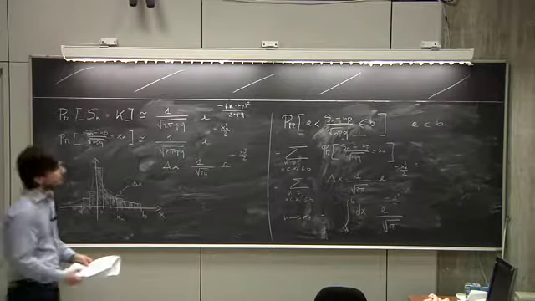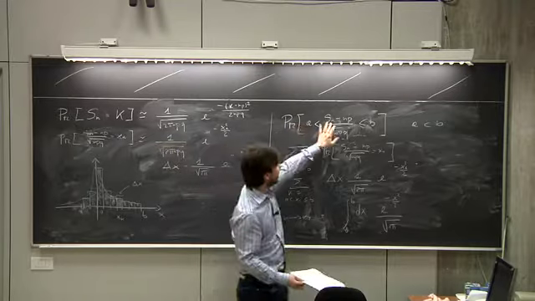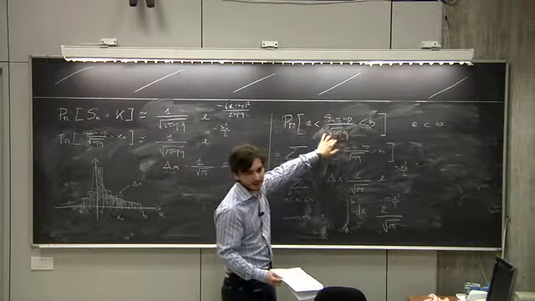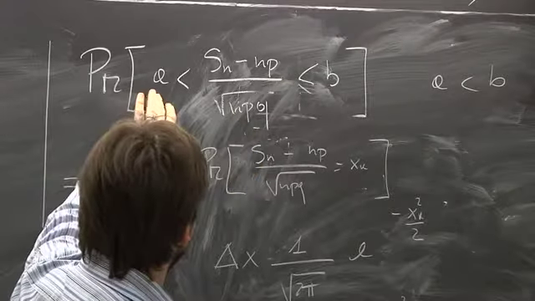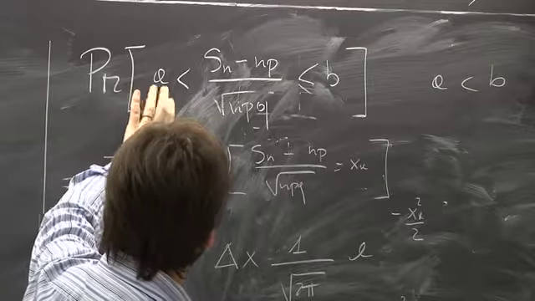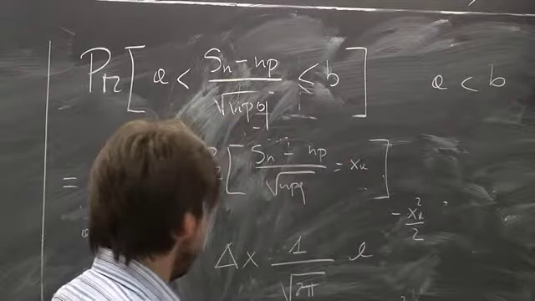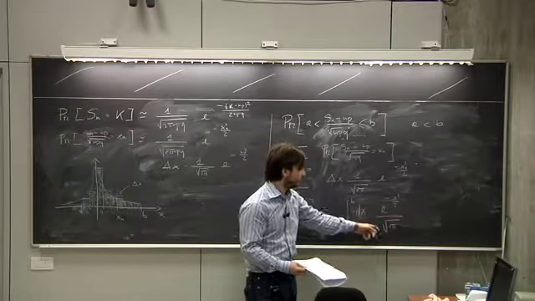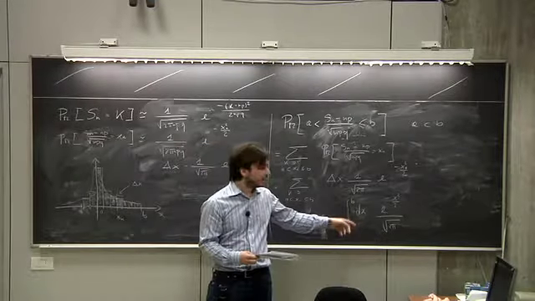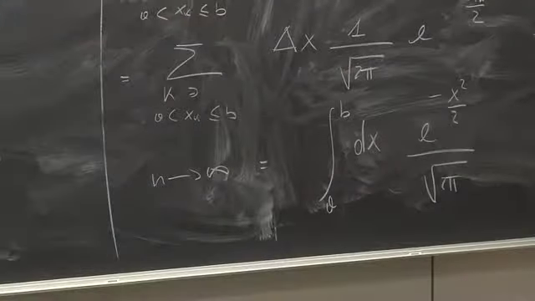So basically this is the integral theorem. The probability of this standardized variable to be between A and B is equal to the integral between A and B of the Gaussian with mean 0 and variance equal to 1.